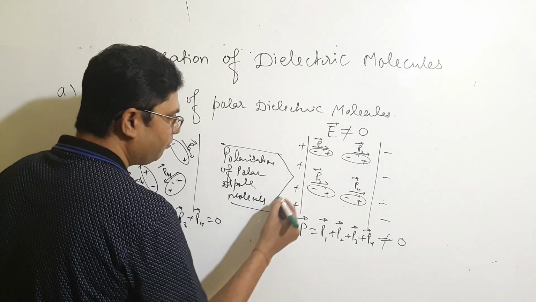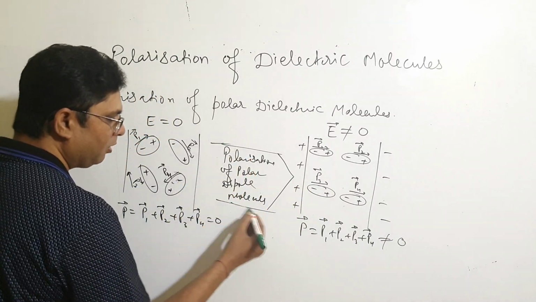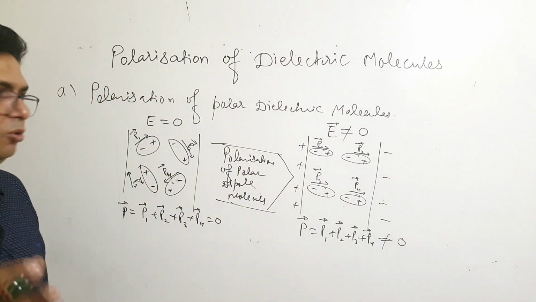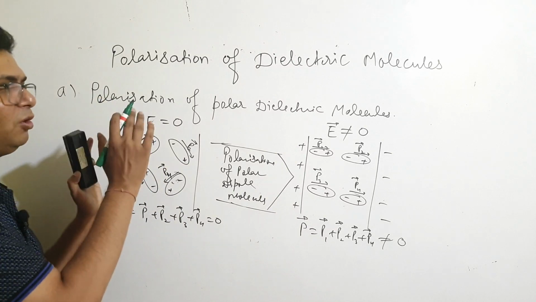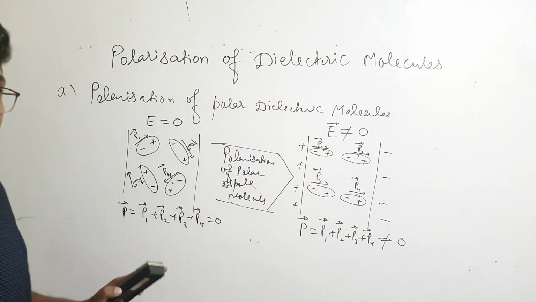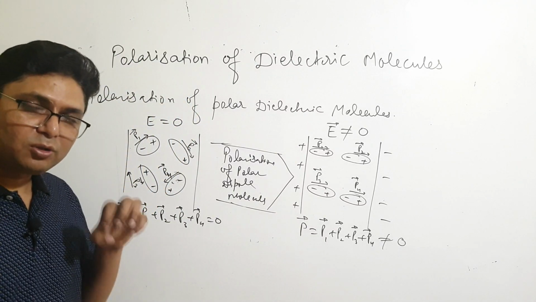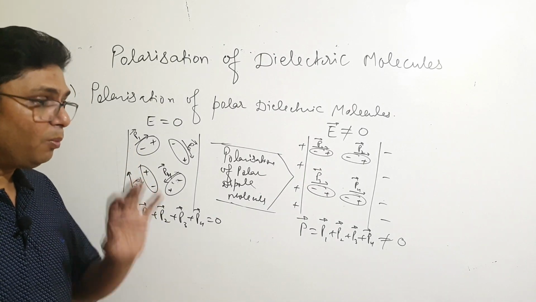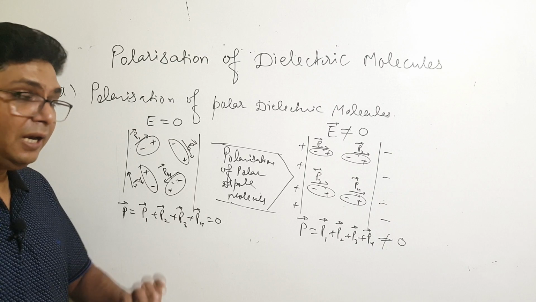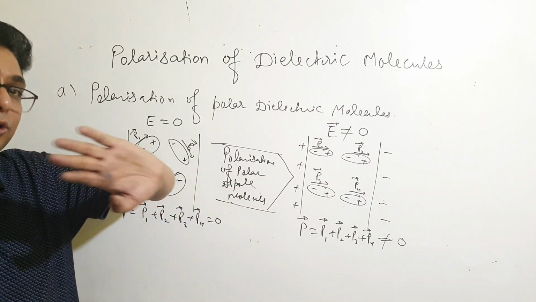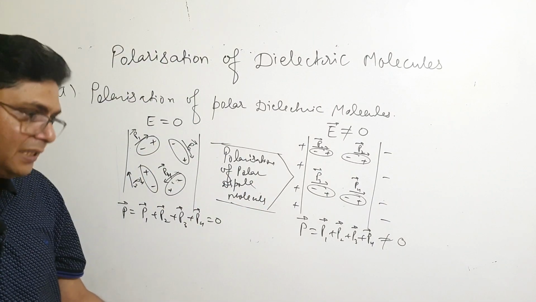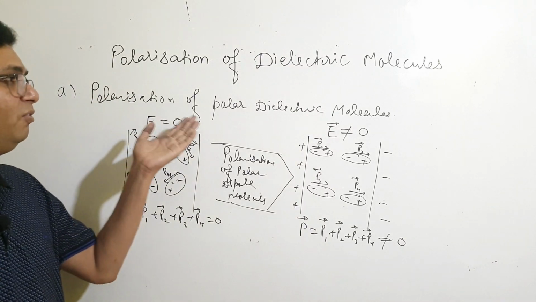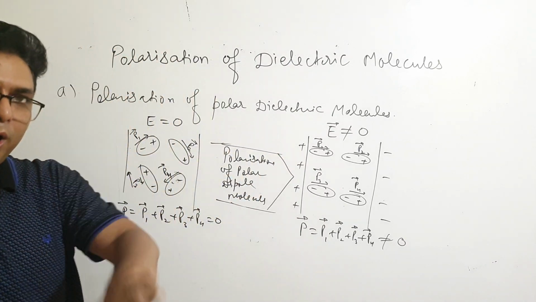So if one asks you what is polarization of polar dielectric molecule, then the answer is, in the absence of electric field, intrinsic dipole moment is 0, but in the presence of electric field, intrinsic dipole moment is not 0. This is said to be polarization of polar dielectric molecule.